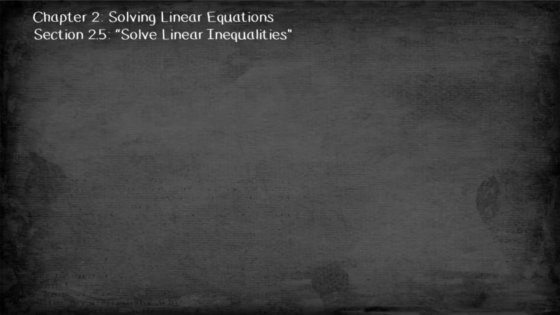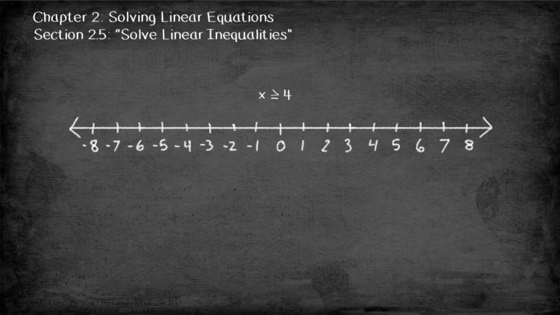All right, so how would things change if we were talking about x greater than or equal to 4? Well, again, everything to the right of 4 would be included in the set. And since this is a greater than or equal to, x could be greater or equal, I can denote that on my number line with a closed circle.